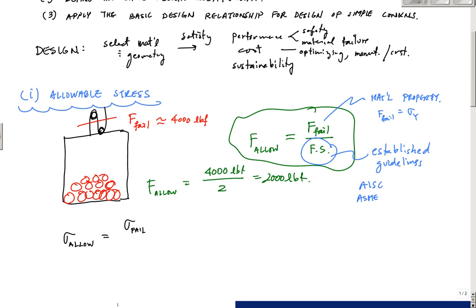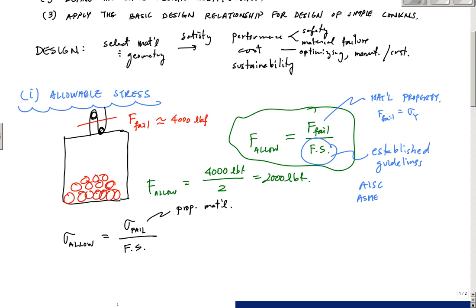It could be yield stress, it could be rupture, some sort of normal stress measurement. So some property of the material. Again, I can't emphasize this enough, it's a material property, and then divided by some factor of safety. And sigma allow is essentially what we, the engineers, say: just use it up to this limit, even though we know there's some margin for error or some margin of safety.